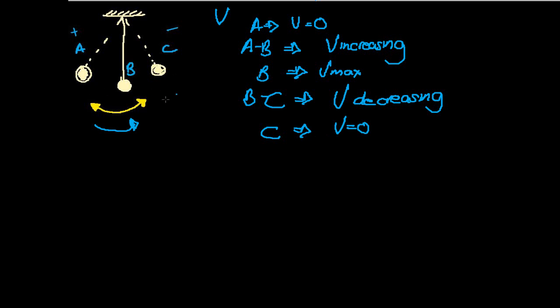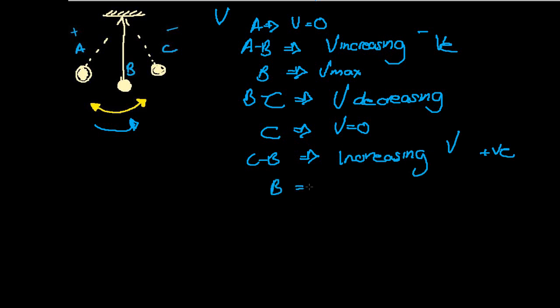From C to A, it would be the exact same but the opposite. So at C, zero velocity again. From C to B, velocity would be increasing. This would be in the negative direction, by the way, the velocity of A to B, and the velocity of B to C. C to B would be increasing in positive direction.